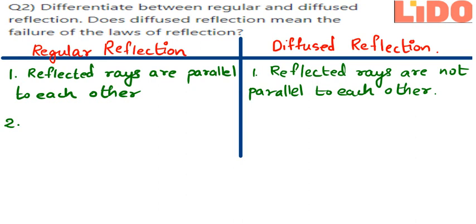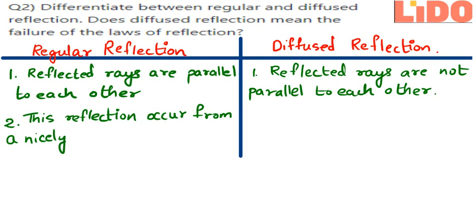The second point. This reflection occurs from a nicely polished, I can say nicely polished regular reflected surface.